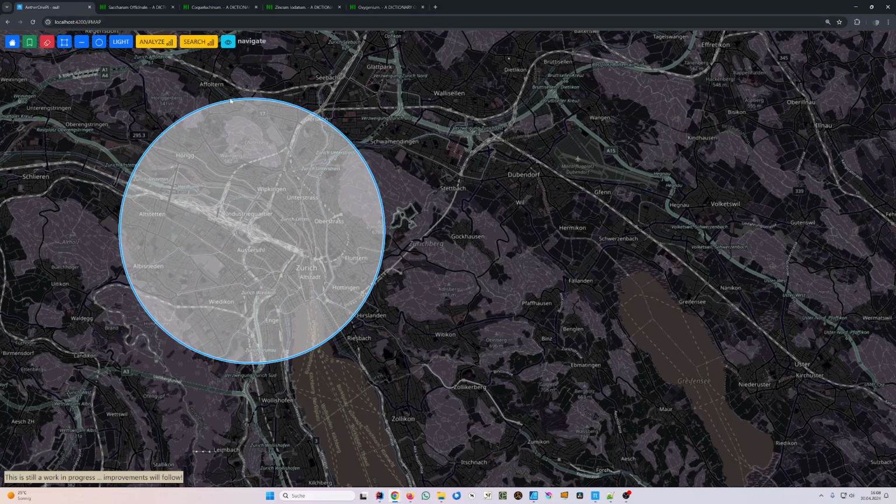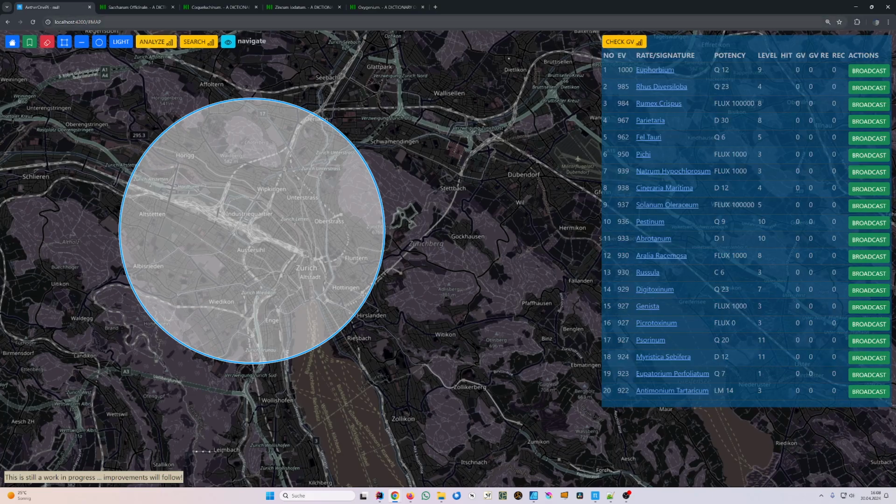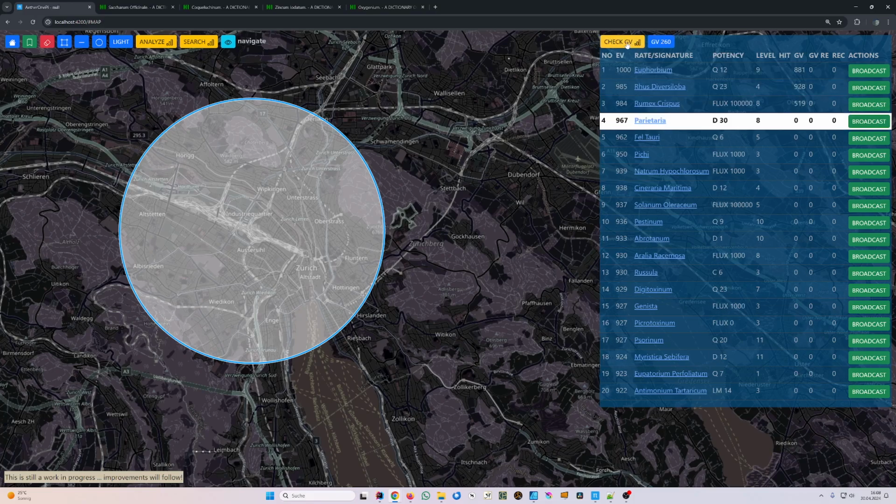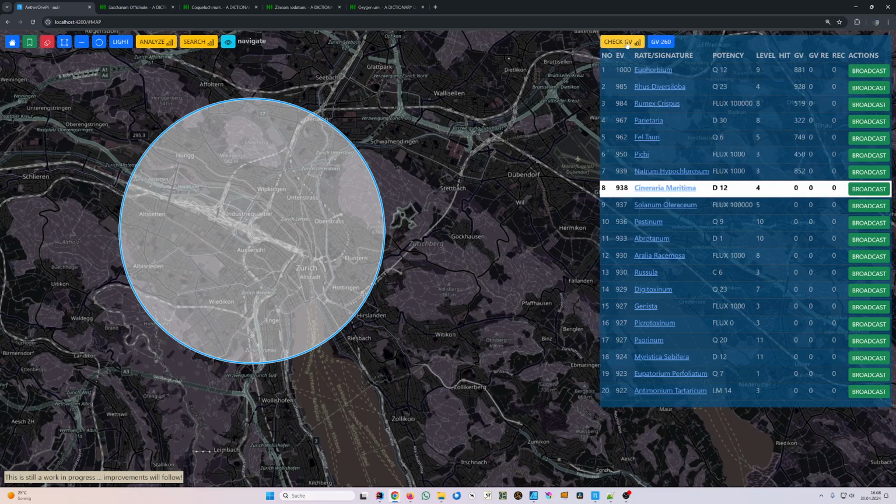Now, after you have drawn your circle, you click on analysis or analyze, and then you continue with check. The general vitality is very low right now. Maybe the air is not so good.